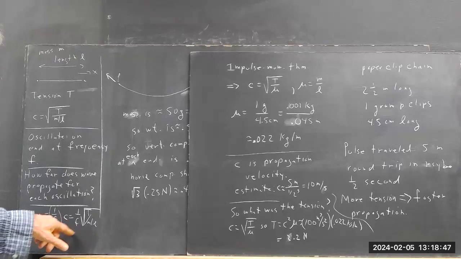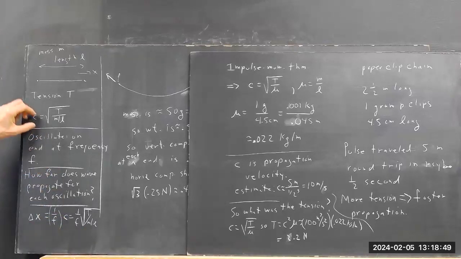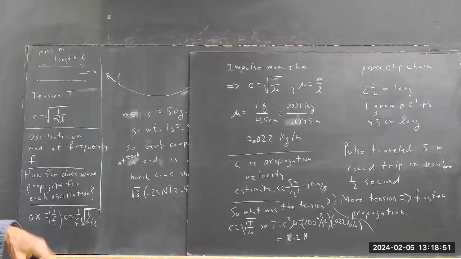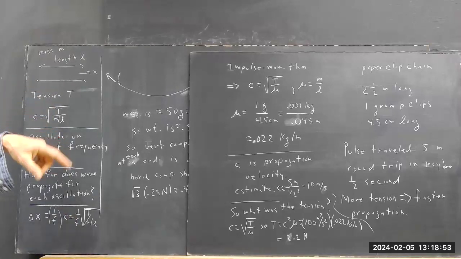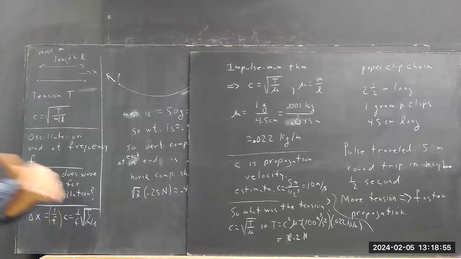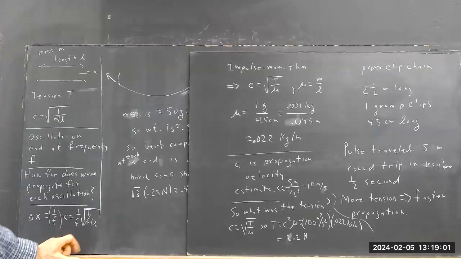It's not a formula you want to memorize because it's so easy to use this, which is something you probably want to memorize. But you can derive it from the impulse-momentum theorem. And you can look that up if you wish, or if we have time, I'll derive it for you.